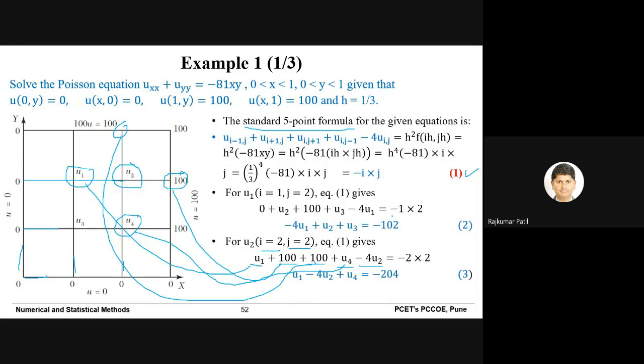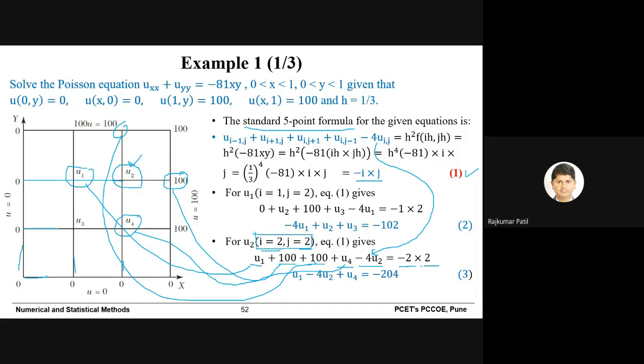And how does this 4u2 come? Because here 4u(i,j), here your u(i,j) will be u2, because we are interested in this u2, and which is equal to minus i times j, where i is 2 and j is 2. Here you can see i is 2 and j is 2.